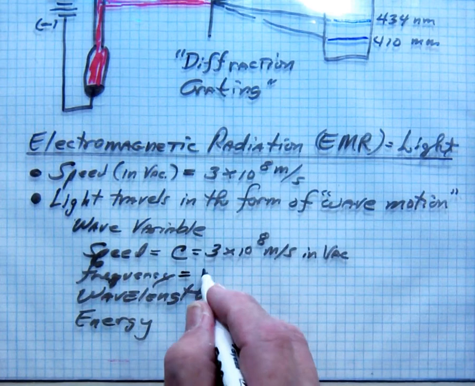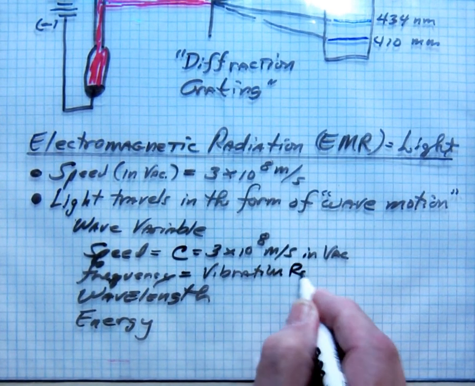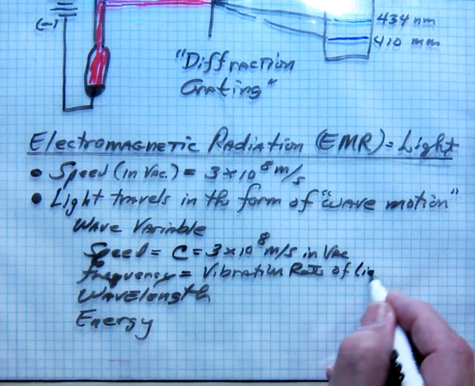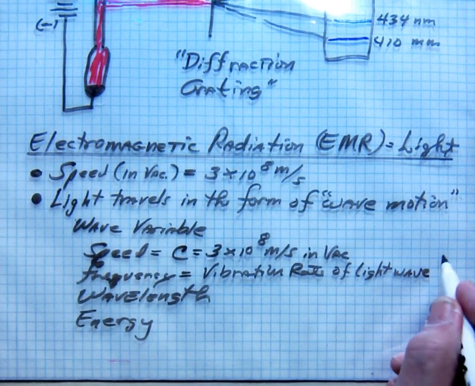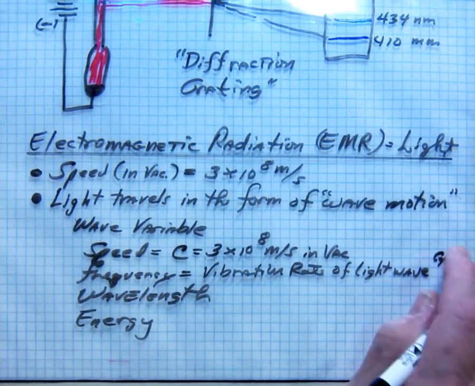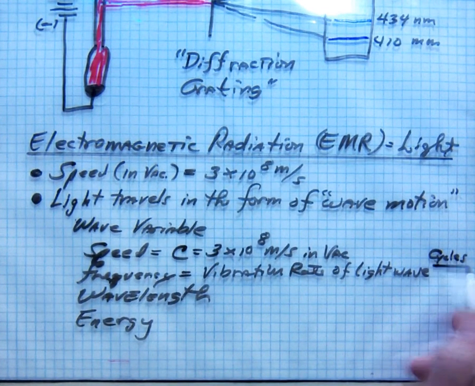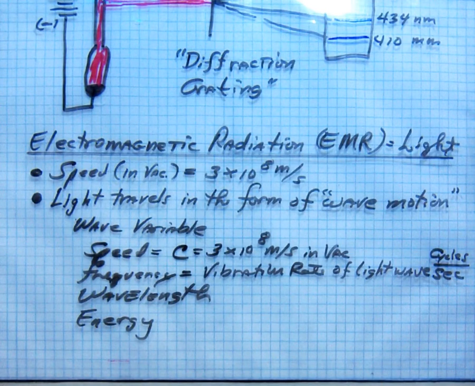Frequency is the vibration rate of a light wave, and that's in cycles per second, or CPS. The units that are typically attached to a frequency are seconds to the -1.